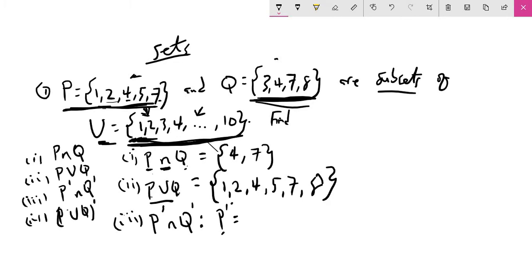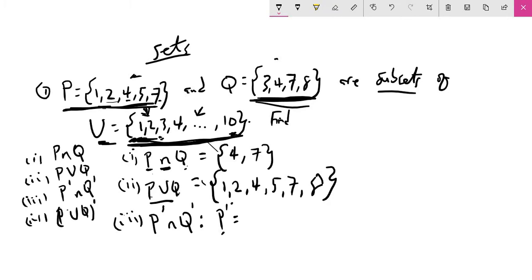Remember, you have to restrict yourself to the universal set, otherwise you could go into infinity. But this gives it the limit.